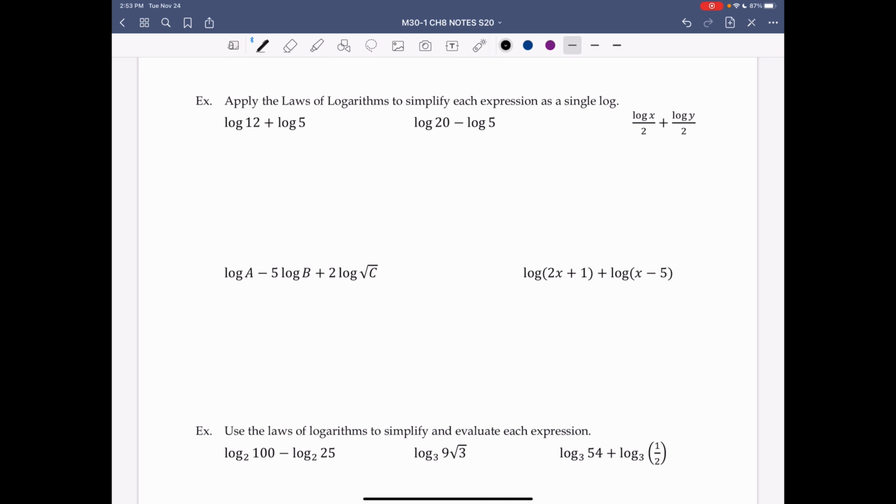This would be the product law, where we can write the sum of 2 logs. So we can go backwards. If we have the sum of 2 logs with the same base, we can write that as a product in one log. We can write this as log base 10 of 12 times 5. Simplify that. 12 times 5 is 60, so log base 10 of 60.